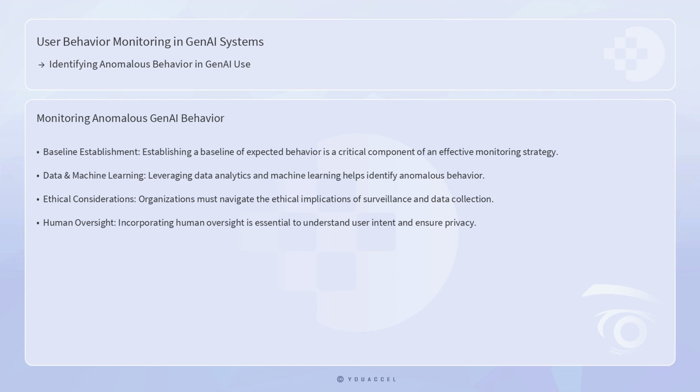Moreover, organizations must navigate the ethical implications of surveillance and data collection, ensuring that their practices respect user privacy and autonomy. By adopting a comprehensive and adaptive approach to anomaly detection, organizations can mitigate the risks associated with GenAI misuse and uphold the principles of governance in AI technologies.